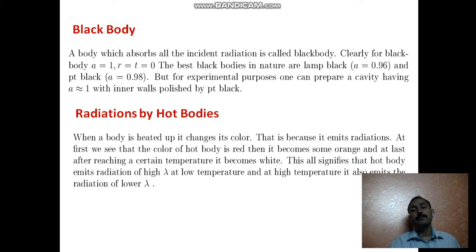Then it becomes orange, and at last, after reaching a certain temperature, it becomes white. This signifies that a hot body emits radiation of high wavelength at low temperature. At high temperature, it also emits radiation of lower wavelength.